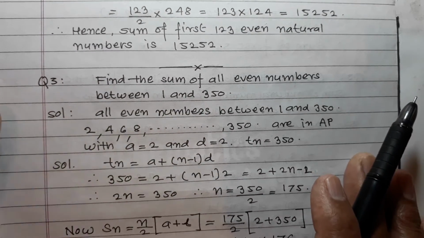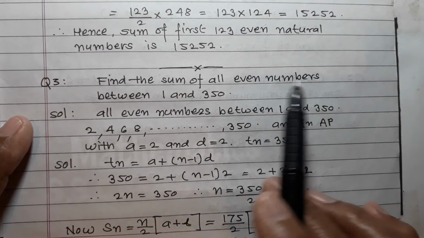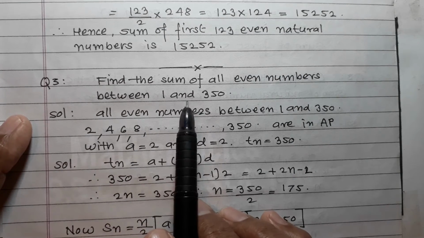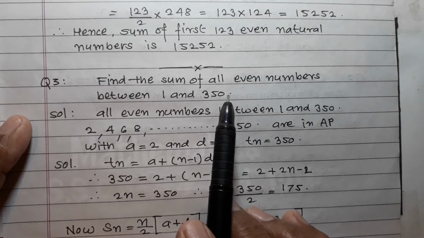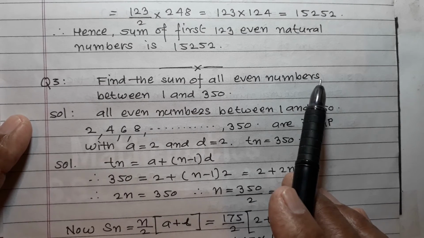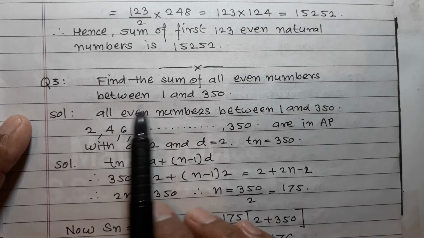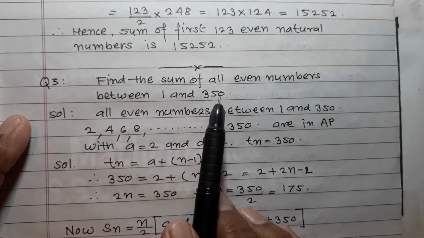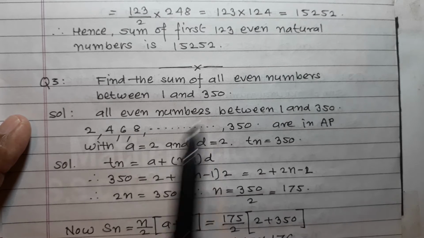Question number 3. Find the sum of all even natural numbers between 1 and 350. First write down even numbers between 1 and 350.